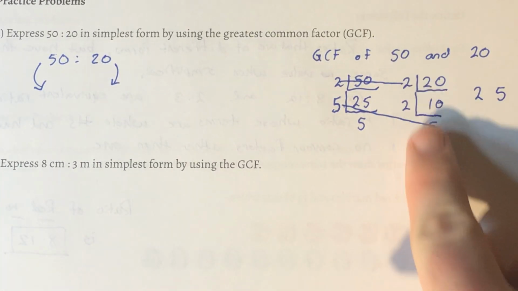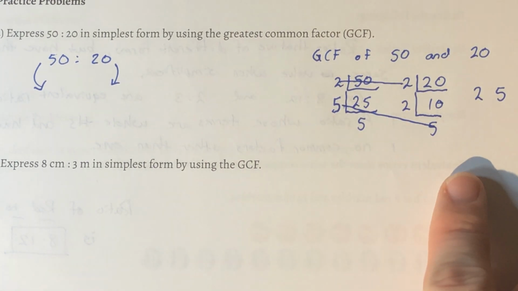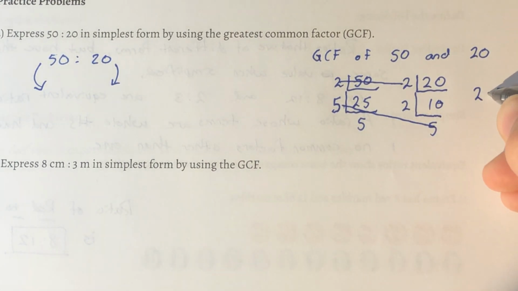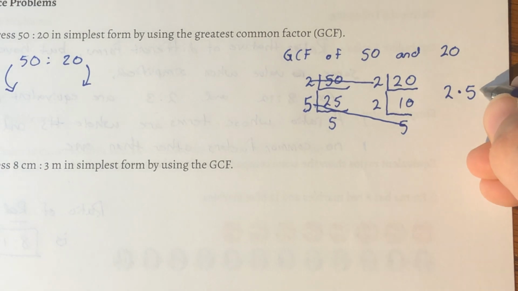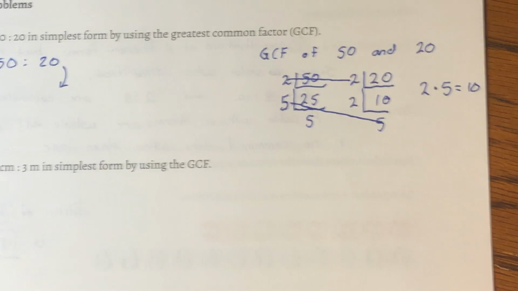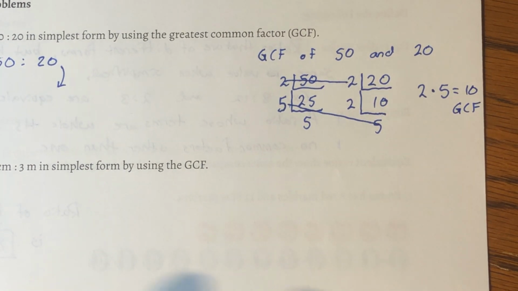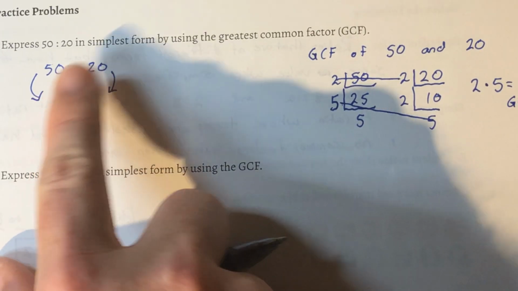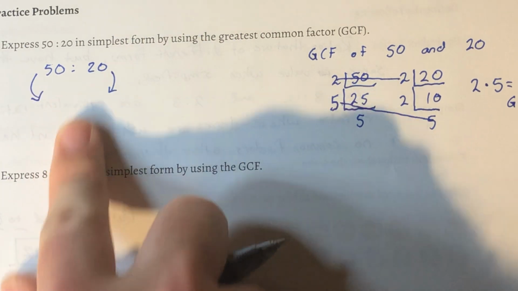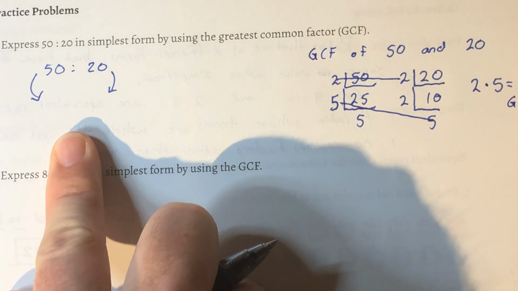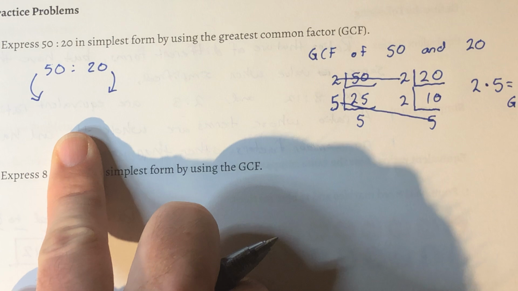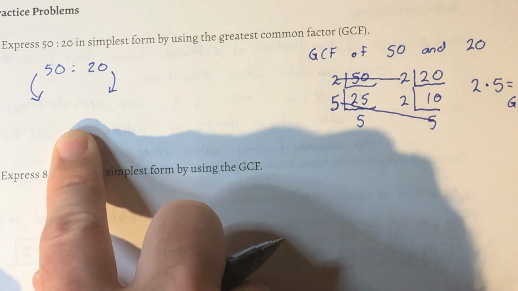They do not have any more 2s or any more 5s in common or anything else. So what do I do with those? I multiply those. 2 times 5 is 10. 10 is the GCF. So what does that mean? I'm going to divide 50 and 20 by 10, and if I do, I will get my simplest form, or my answer, immediately. Guaranteed. Most likely.